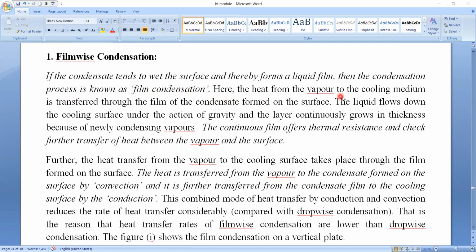Here, heat from the vapor to the cooling medium is transferred through a film of condensate formed on the surface. The liquid flows down the cooling surface under the action of gravity, and the layer continuously grows in thickness because of newly condensing vapor. The continuous film offers thermal resistance and checks further transfer of heat between the vapor and the surface.